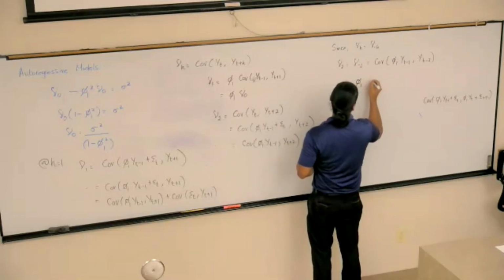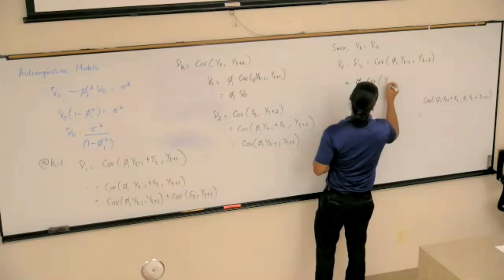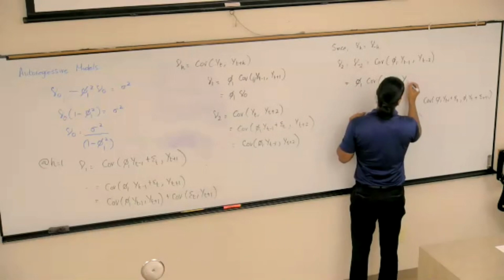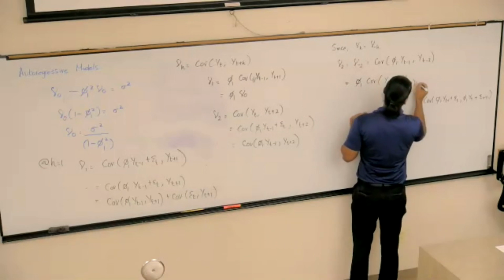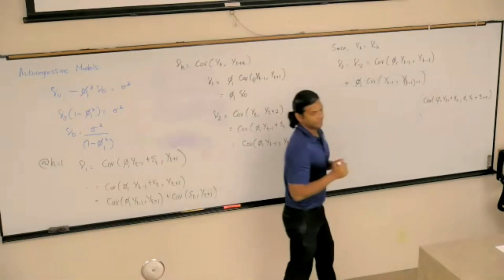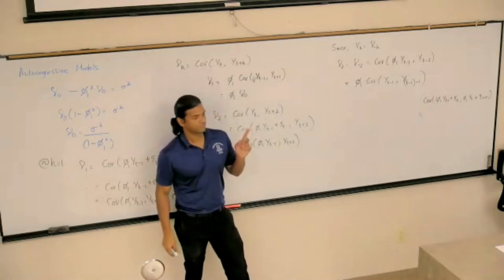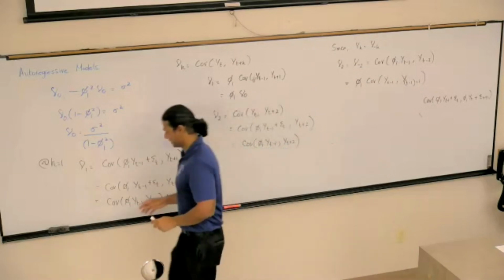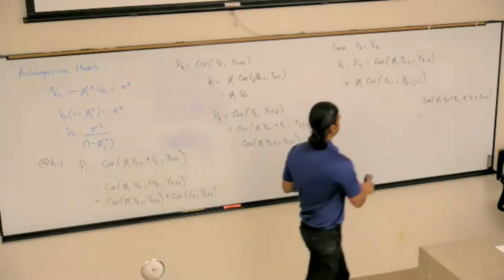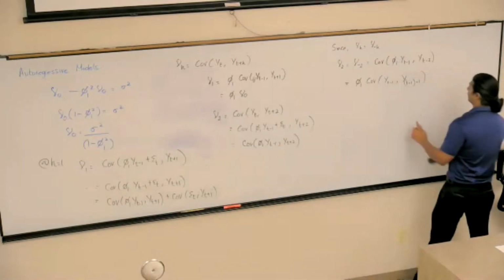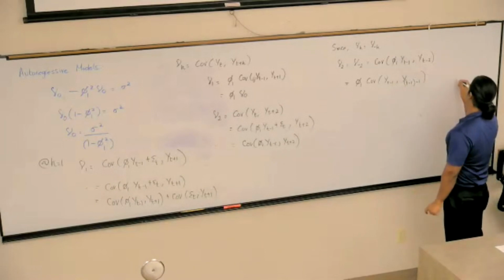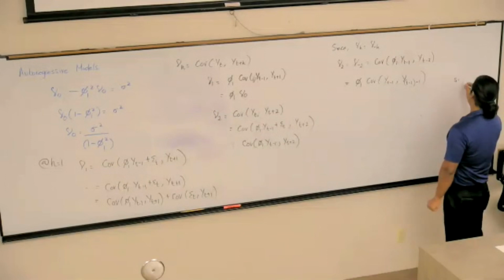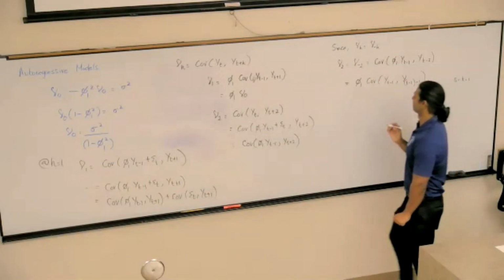So phi1 can come out, and you'll have yt minus 1, comma, yt minus 1 minus 1. Yes? If you can't see it directly, I can call s equal to t minus 1.